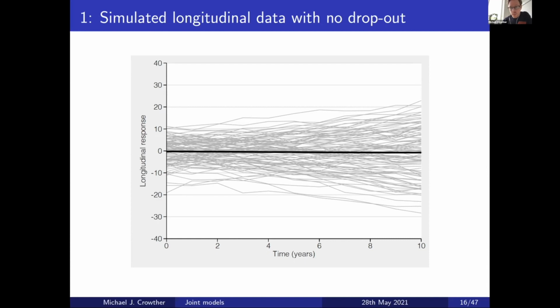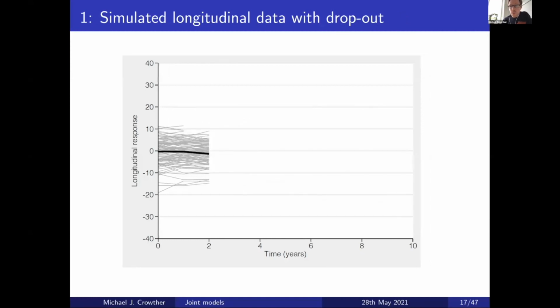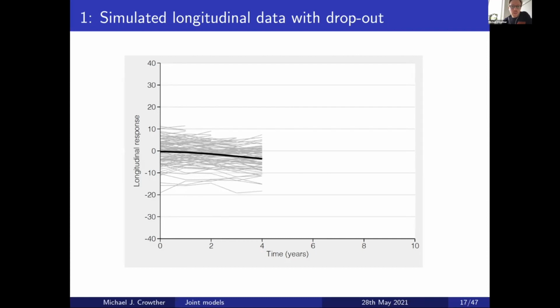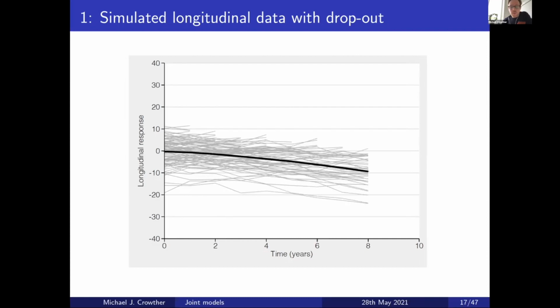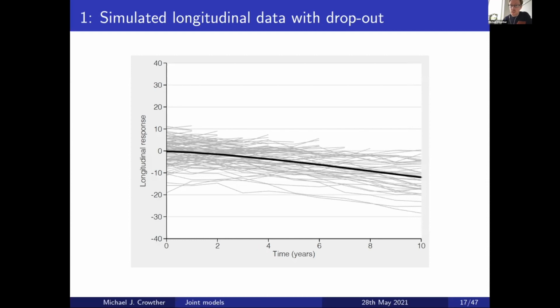Now I'm going to reset my seed, but incorporate a dropout mechanism relating to higher values of the biomarker, increasing your risk of dropping out of the study. Reset my seed, so I have exactly the same simulated observations, but now I've incorporated this dropout mechanism. And what we see over time, we start to lose observations with higher values of the biomarker.